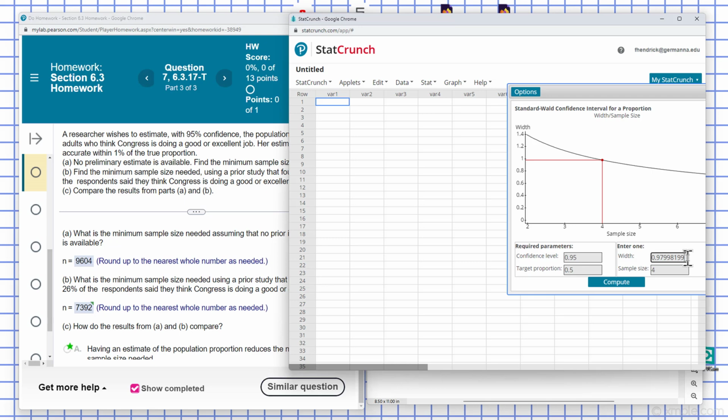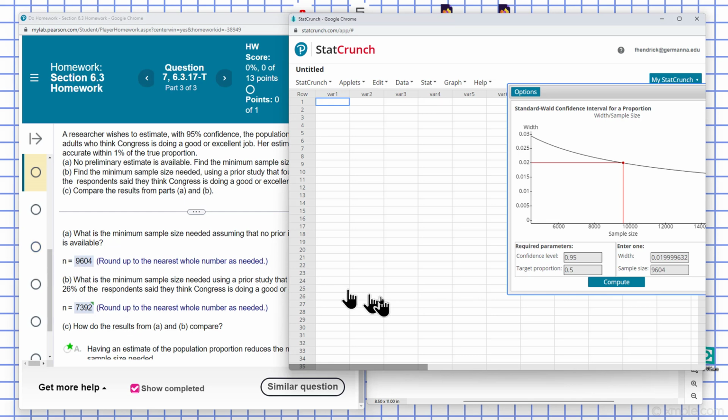When we put that error in, the 1% is the error, so we put in twice that, something like 0.02. The confidence level is 95. And for the target proportion, we don't know it, so I put in 0.5 there. And we click on this, and it gives us a sample size of 9604, which checks.